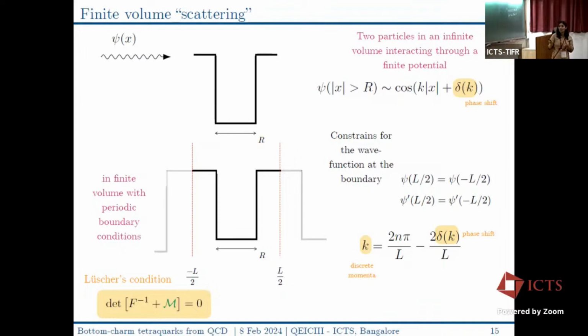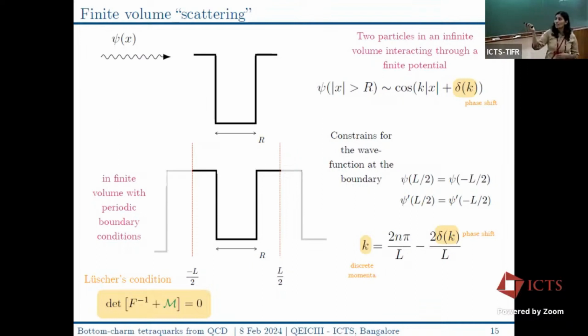Whereas if we have periodic boundary conditions and a finite volume well, because of the boundary conditions the momentum would be discretized. These discrete momenta can be related to the phase shifts. This is just an example from quantum mechanics that we can derive.